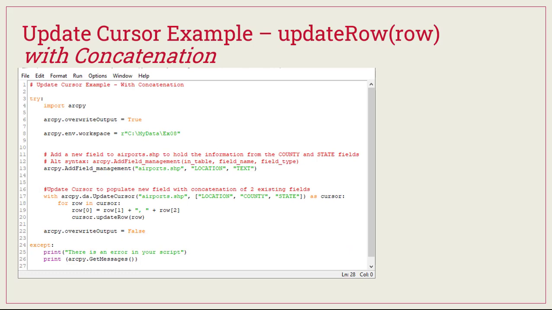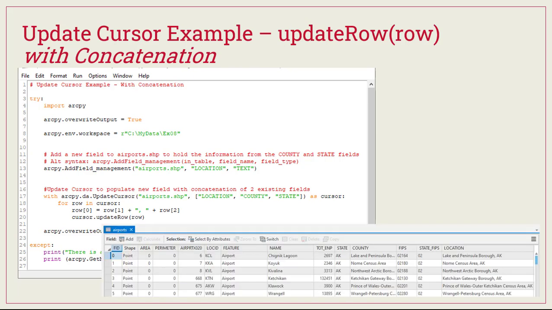So here's what this looks like when you look at it in the context of your entire short script. You can see here that we've imported ArcPy, we have our necessary elements here, and we've put it within our try except block. But even more helpful for this is to look at the end result, which you've seen before, but we're going to look at it again. Now that you understand and know more about how concatenation is working, you can see here that we have our location field at the end and that it is filled with the information from county with an additional comma and space and then put in the state abbreviation there.